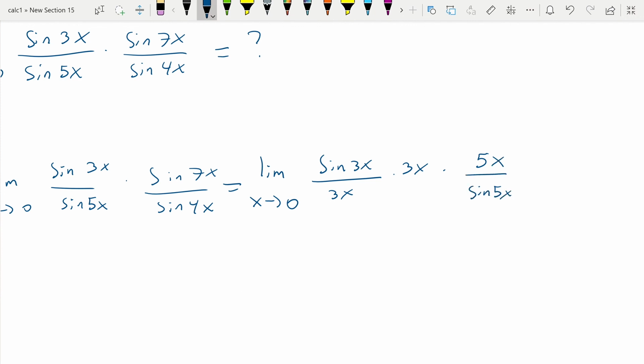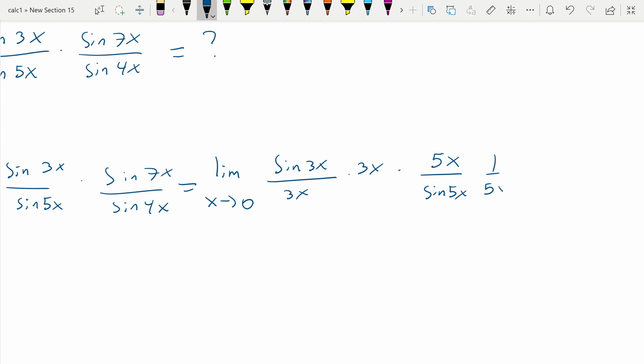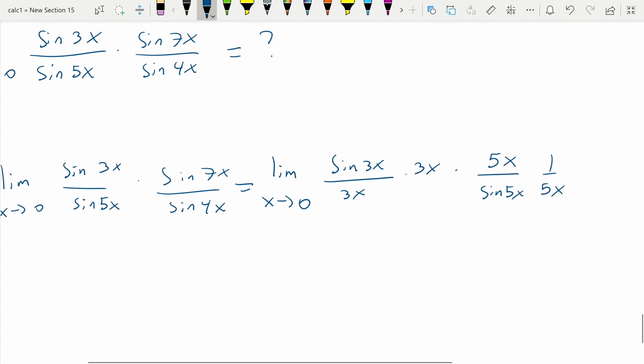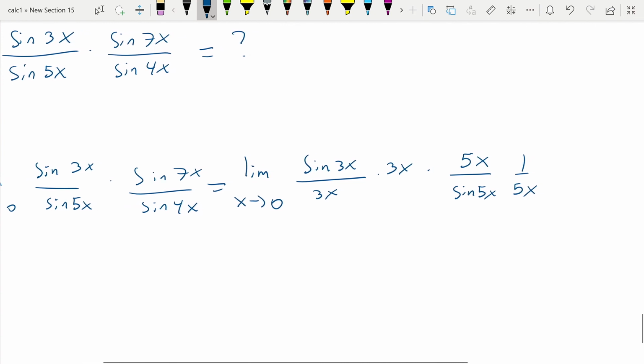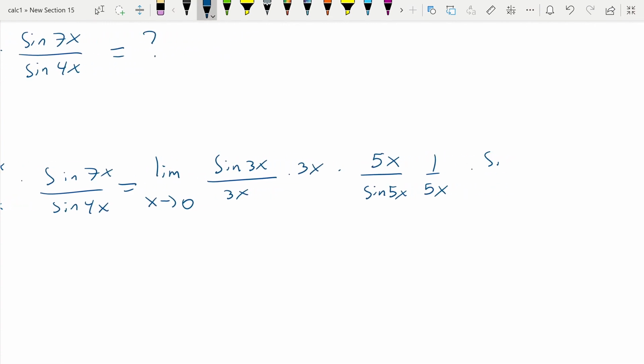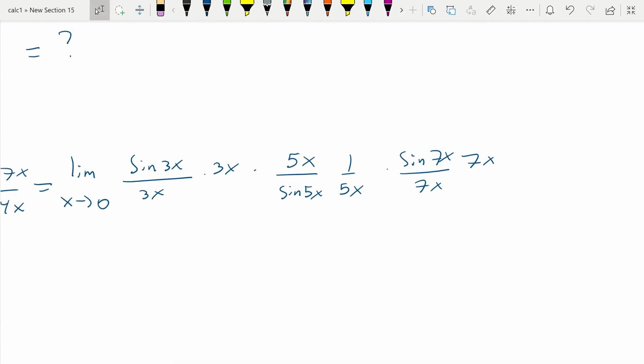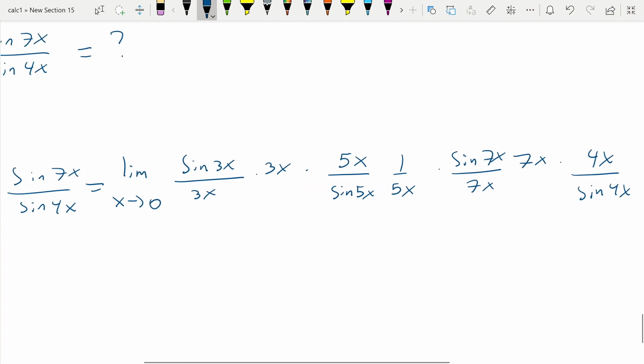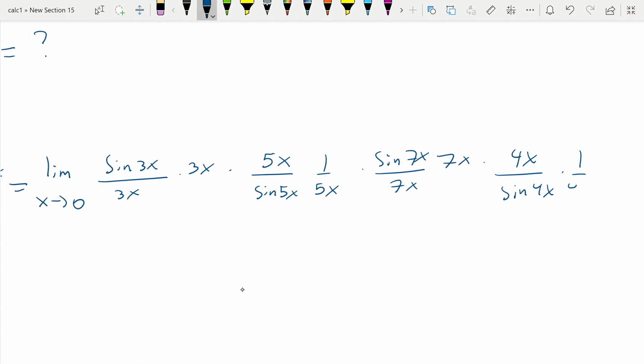Sine of 5x, and then we need to divide by 5x because it was not there before. Then we have the sine of 7x, and we divide by 7x and multiply by 7x, and then we have times 4x divided by sine of 4x, and we need to divide by 4x also.